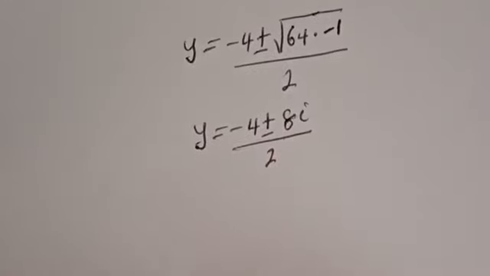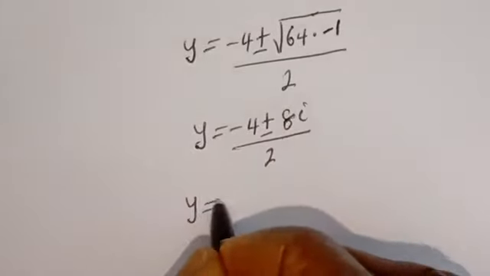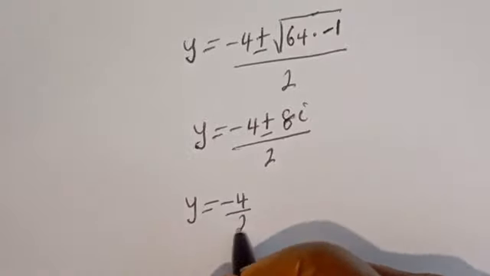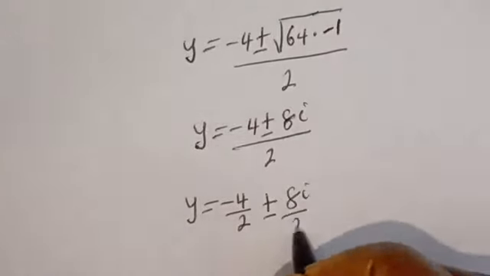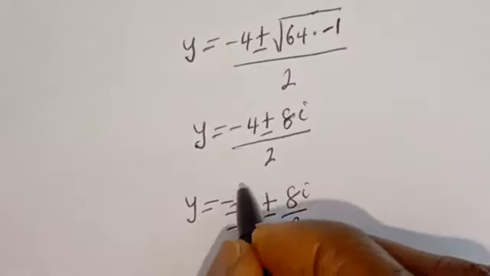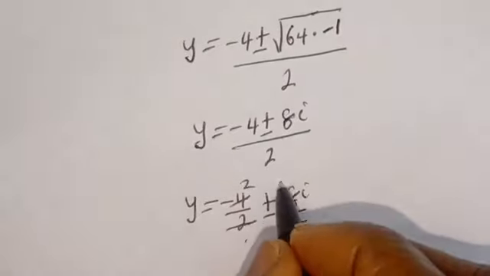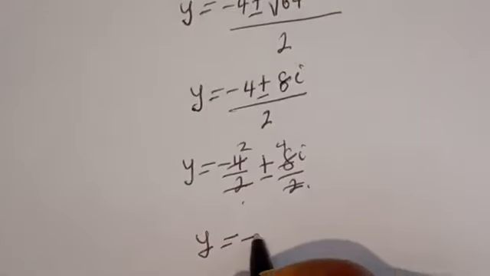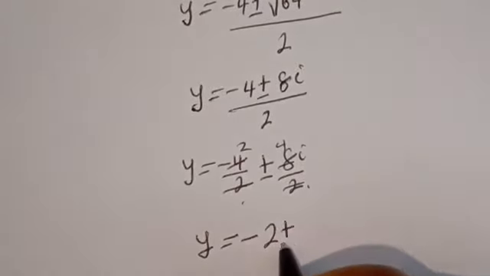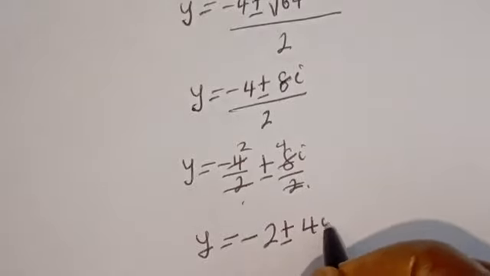Now y is equal to minus 4 divided by 2 plus or minus 8i divided by 2. 2 here 1, 2 here 2, 2 here 1, 2 here 4. Then y is equal to minus 2 plus or minus 4i.